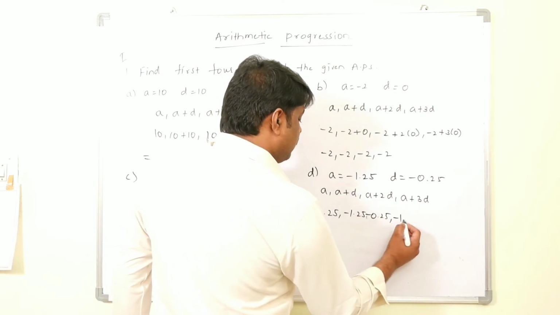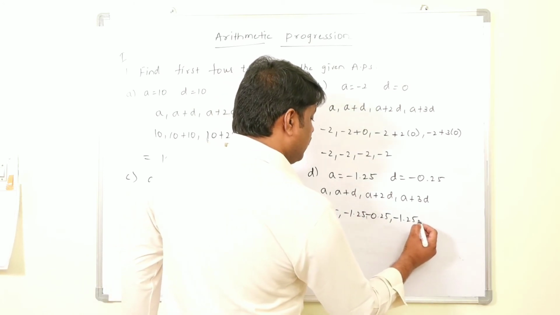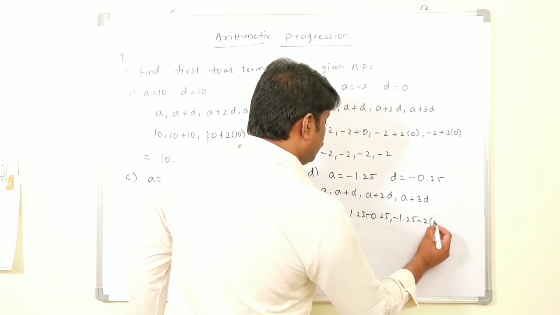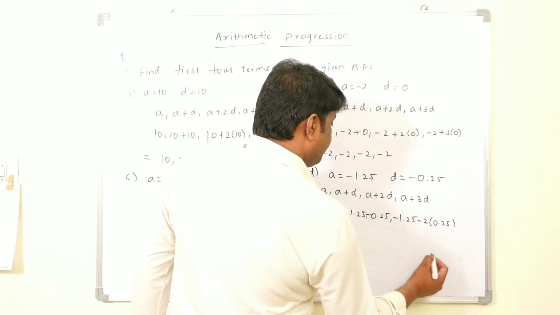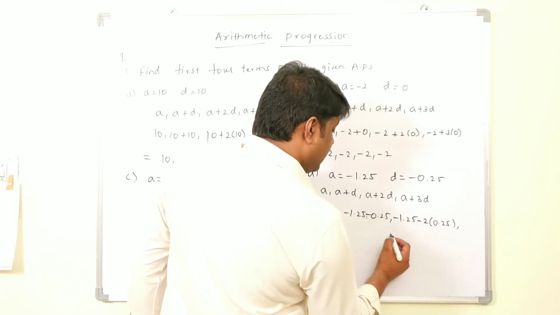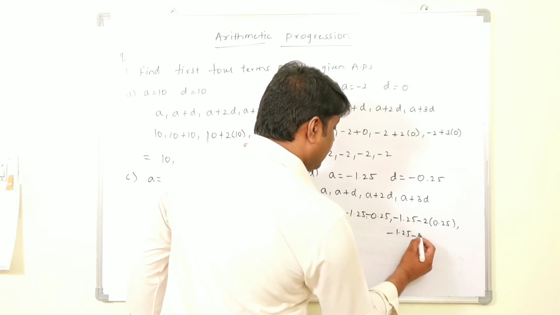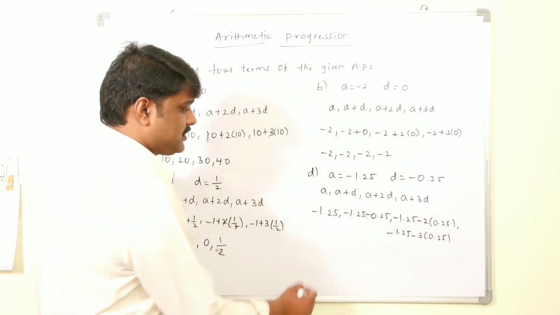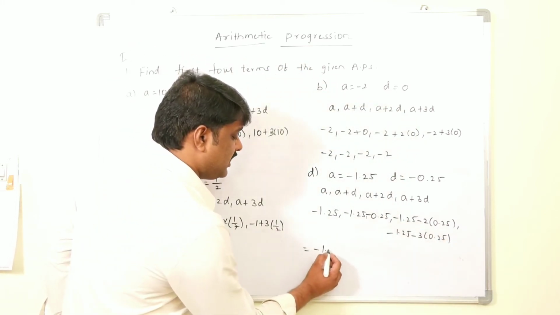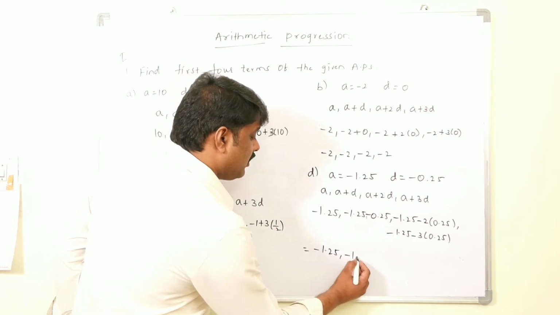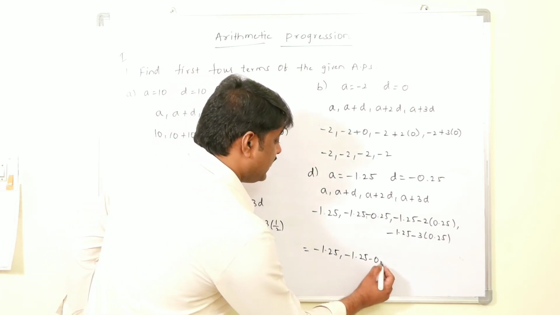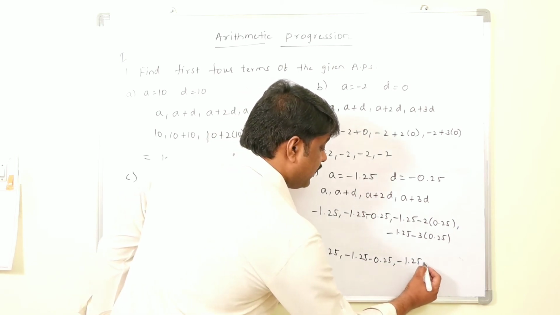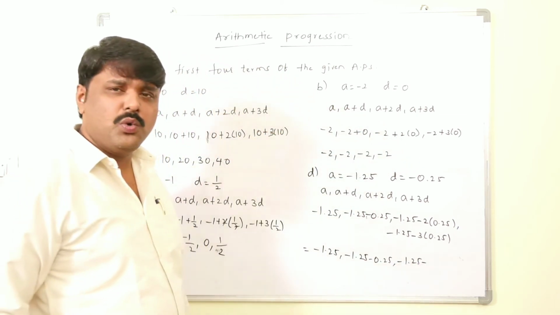Third one is minus 1.25 minus 2 into 0.25, and the fourth one is minus 1.25 minus 3 into 0.25. Let us simplify them first. It is minus 1.25, minus 1.25 minus 0.25, minus 1.25 minus 2 into 0.25.